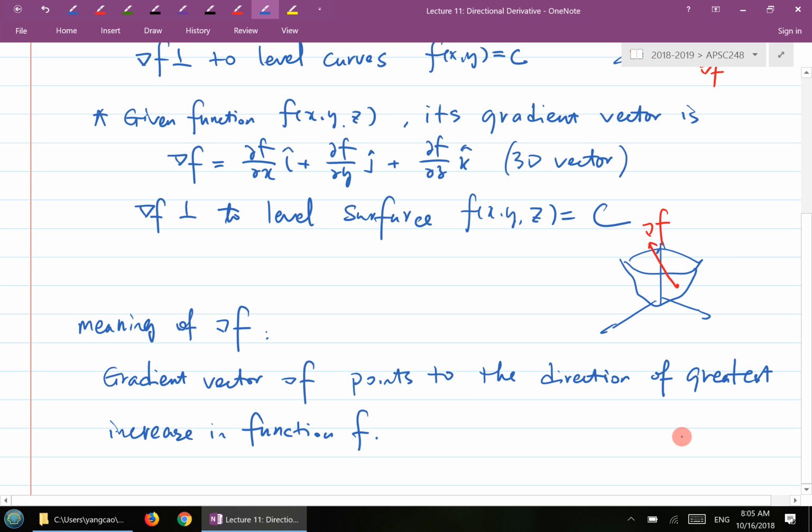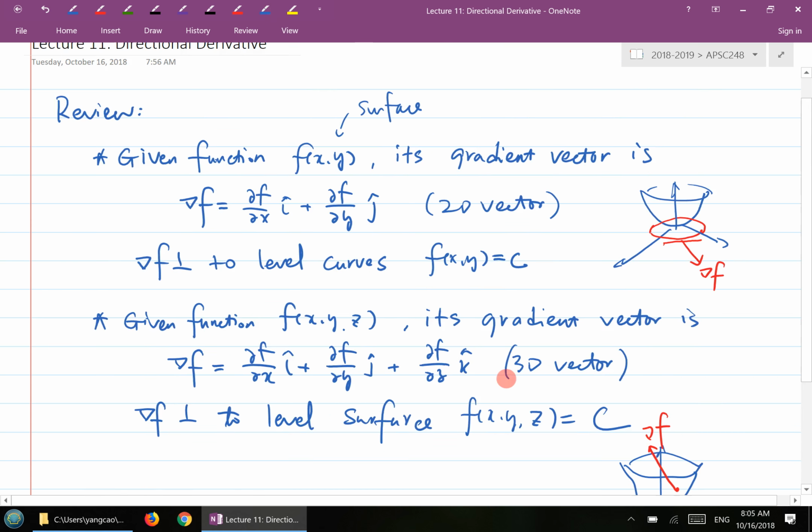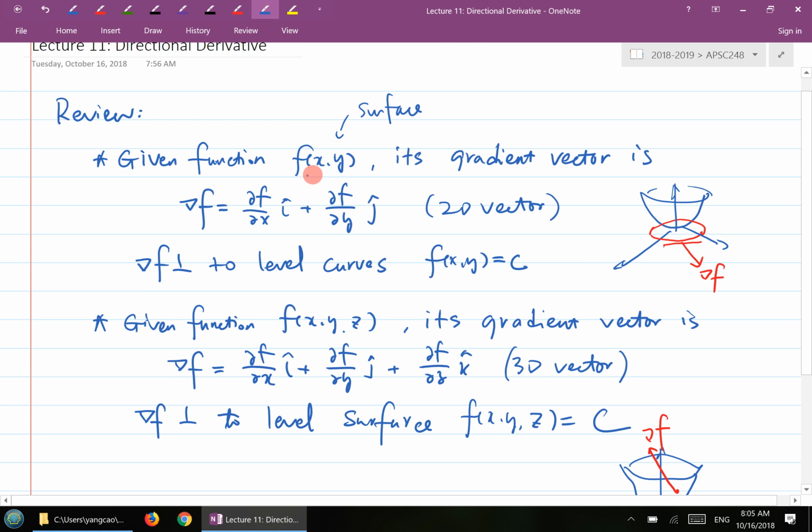If you change in the direction given by del f, for example, function f is a function of x and y, you can change x and y, right? If you change your x and y, then there will be a change in the function f value. So how do I change x and y such that f goes up the fastest?